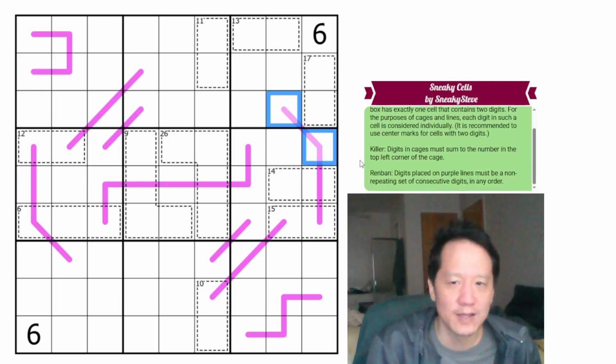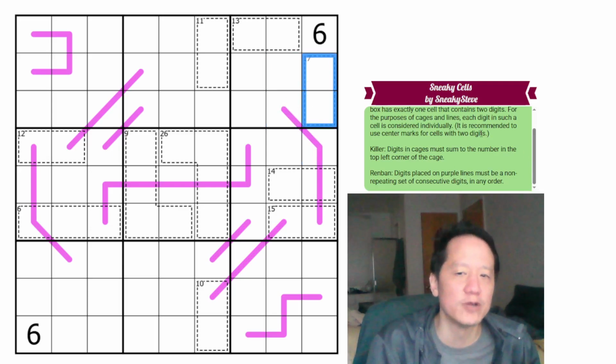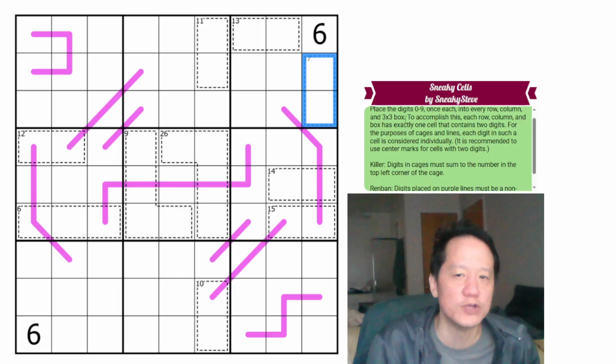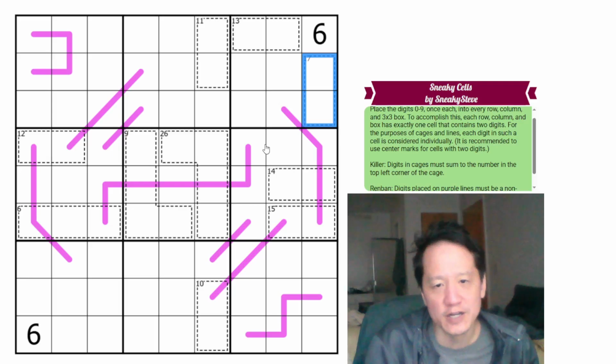But we'll get to that later. So I think this is a better recommendation: we consider both digits individually in such a Schrodinger cell for purposes of cages and lines. And that's important, as we'll see later.